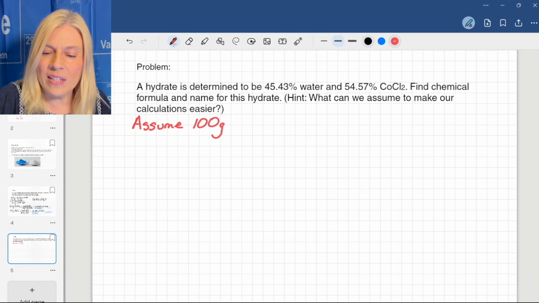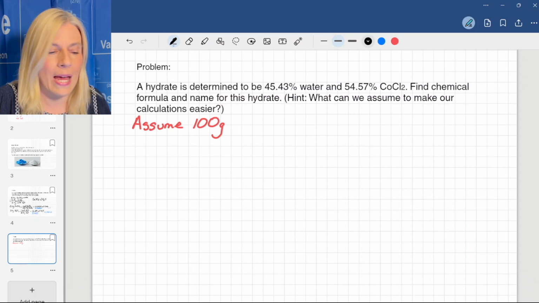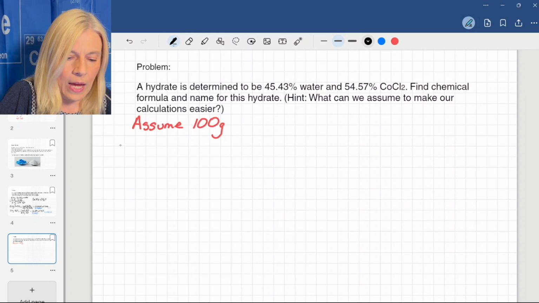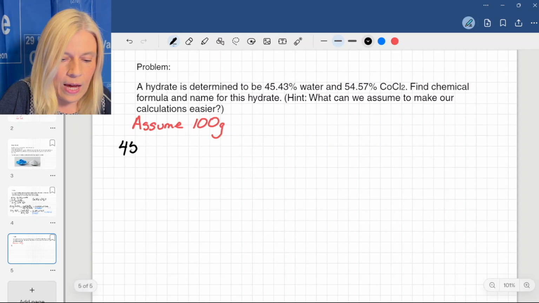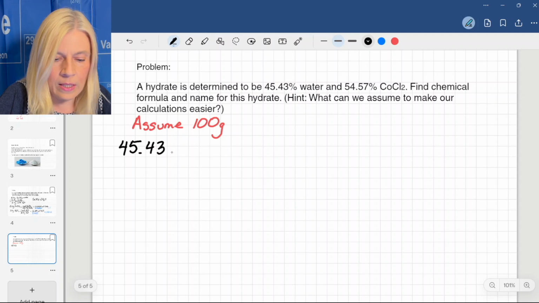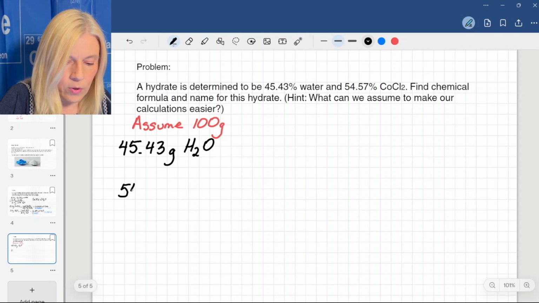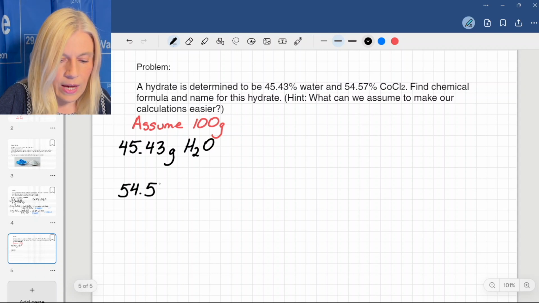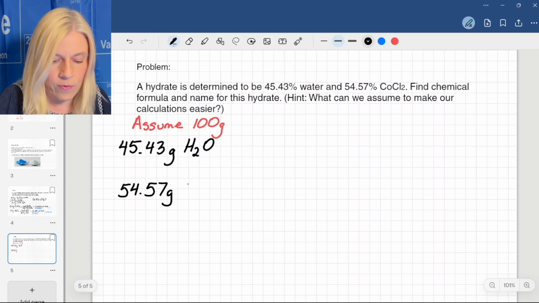Oh, now the percentages become our masses. So we're going to have 45.43 grams of water, and we're going to have 54.57 grams of cobalt 2 chloride.